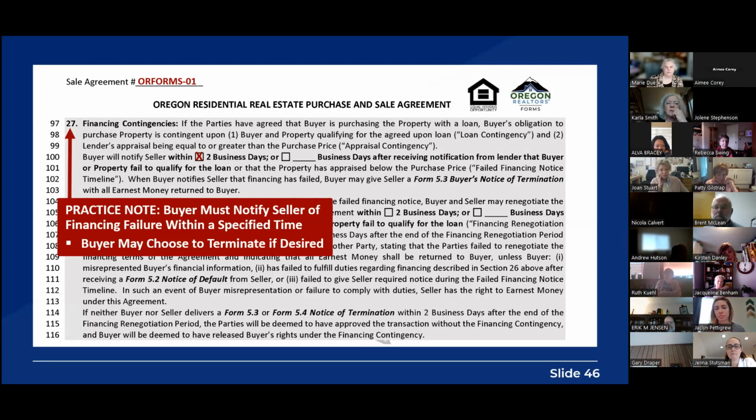So if the loan officer says, hey, we've got a problem, we can't do this, and they end up changing banks, or it becomes a financing failure, the buyer can say, hey, I'll back out, I want my earnest money back, or go to a different bank, because they failed to qualify for the loan.